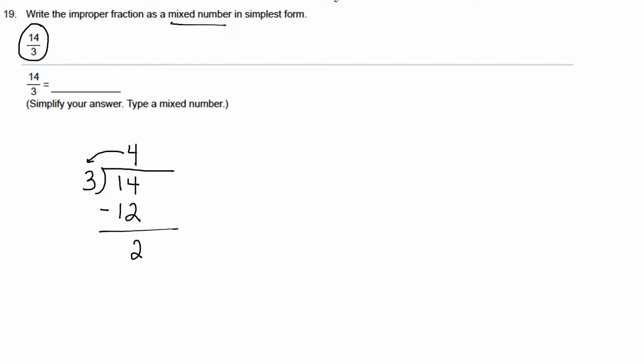That means that our remainder is 2. So the whole number of our mixed number is 4. The remainder is 2. So we're going to place the 2 as our numerator, and the denominator will be the 3. So our mixed number is 4 2/3.